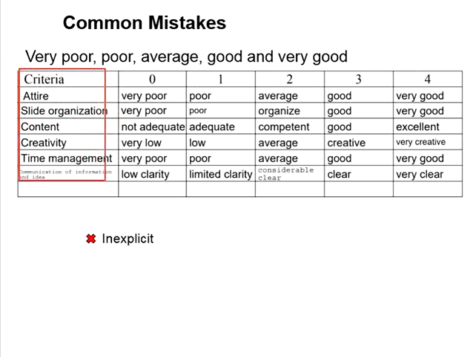The criteria set here is quite okay, as you don't see much overlapping between the criteria. The number of criteria falls between 3 to 6, which is just nice, manageable, and covers broad aspects as far as presentations are concerned.